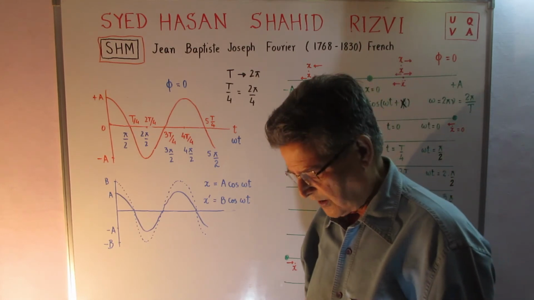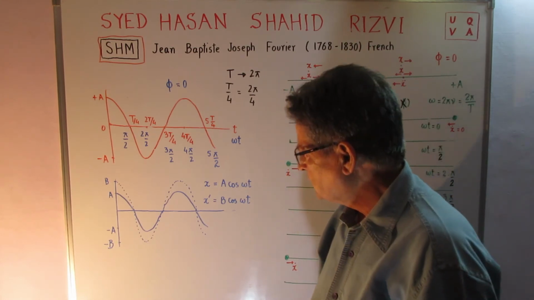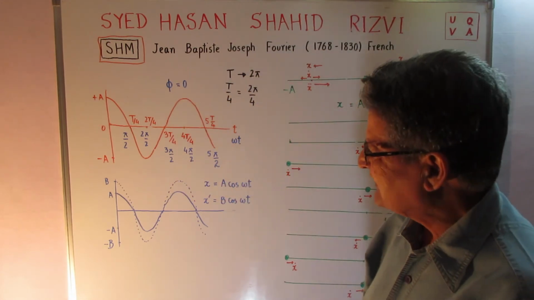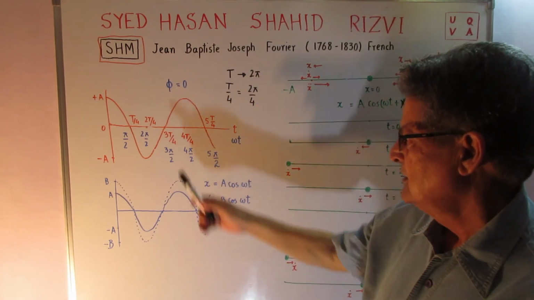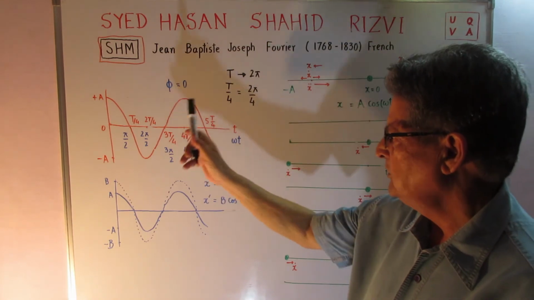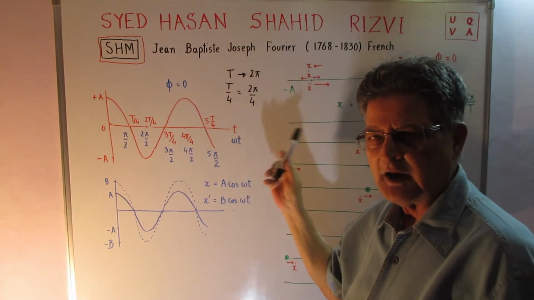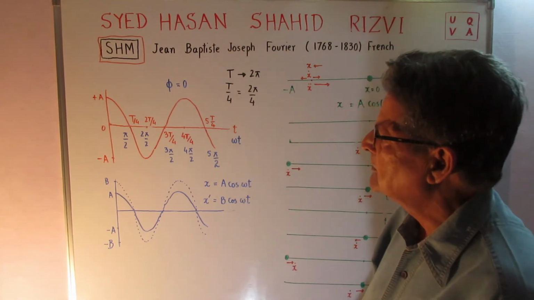I don't subscribe to what they say, because it is a matter of the scale. 1, 2, 3, 4, 5 into T by 4, 6, 7, 8 into T by 4, like that.